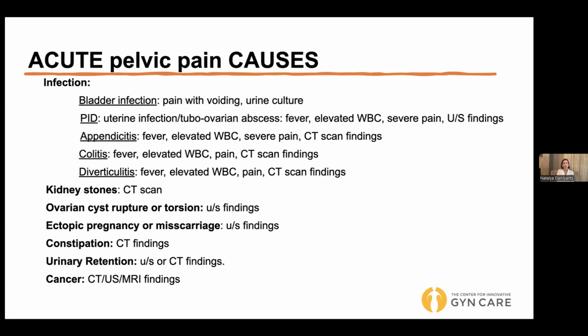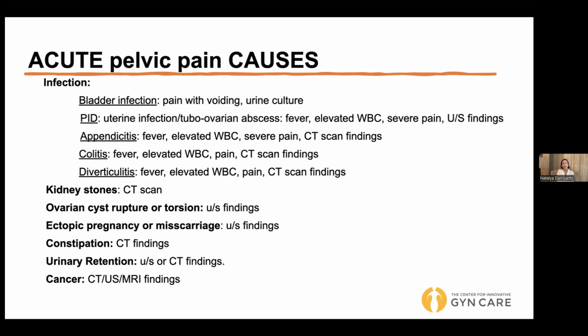So typically infection can be easily identified. At least, if a white blood count is elevated, that tells us that there's an infection somewhere. And then typically imaging or other tests can identify the source. Kidney stones also is a common cause of acute pain, can be very severe, of course, and that's seen on the CAT scan.